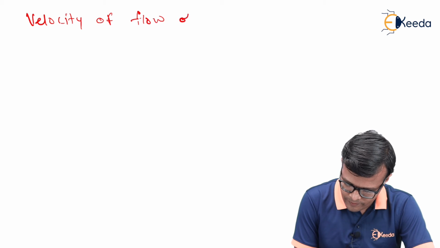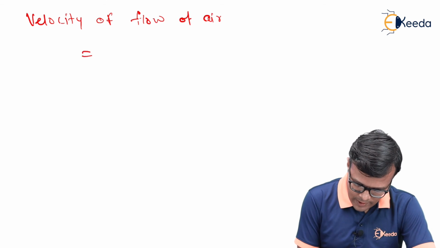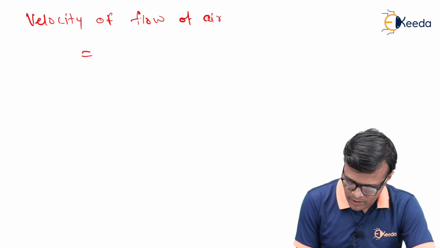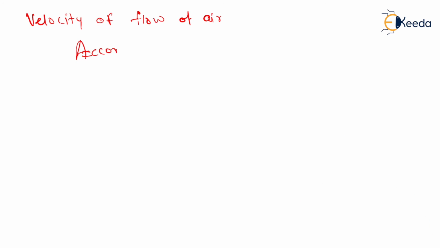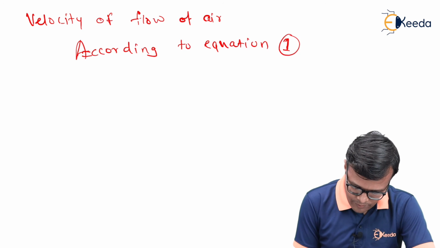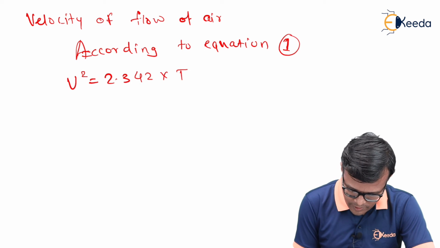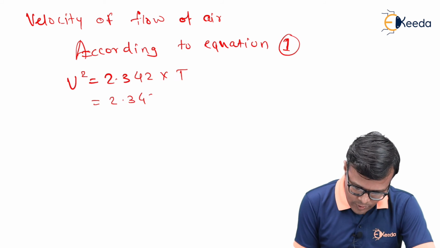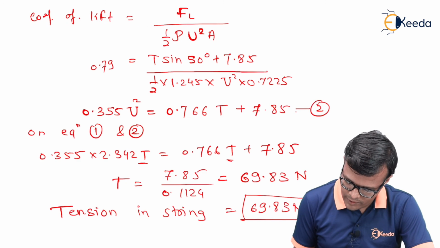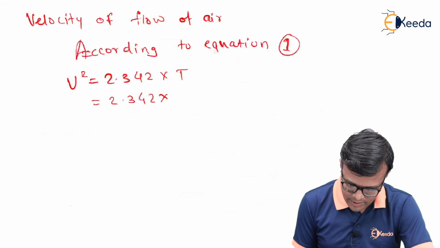Now the other thing remaining is velocity of flow of air. According to equation 1, we have u square equal to 2.342 into T, 2.342 into the value of T we have calculated as 69.83.